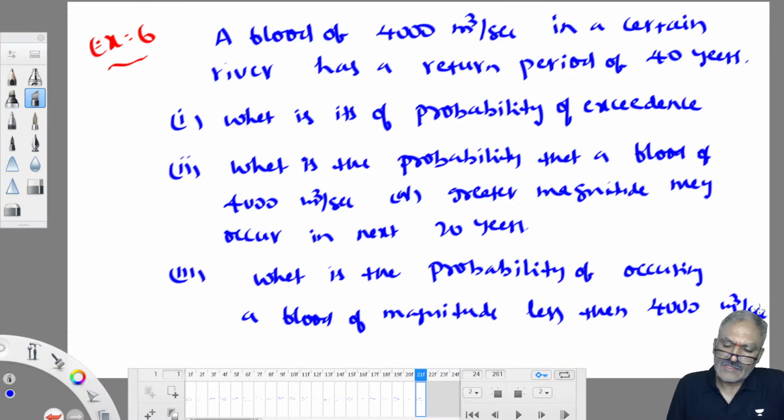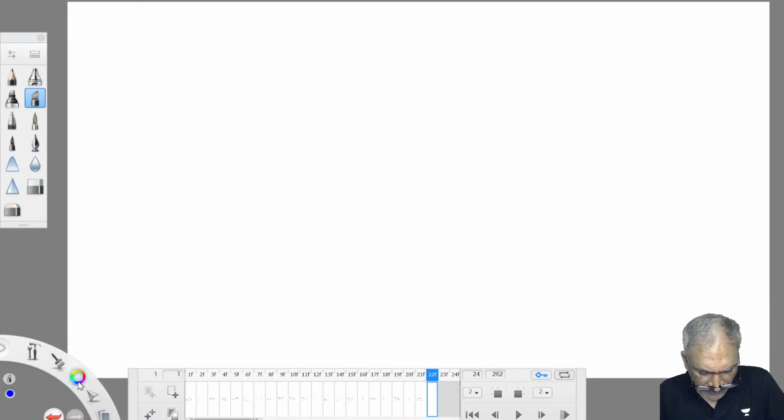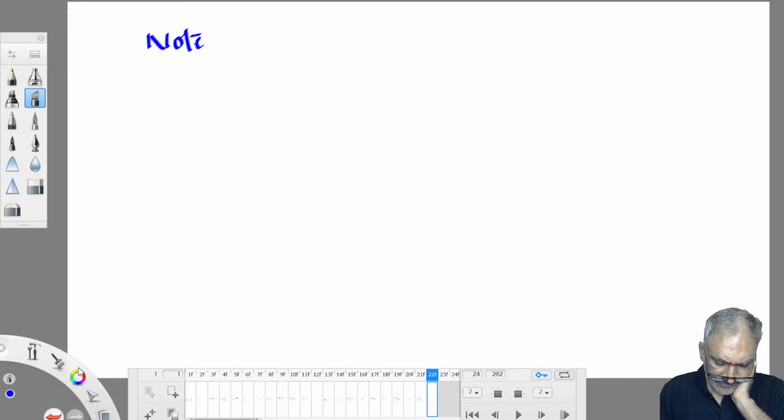Okay, first part is very simple. Probability of exceedance means when you express probability of occurrence in fraction, it's called probability of exceedance.